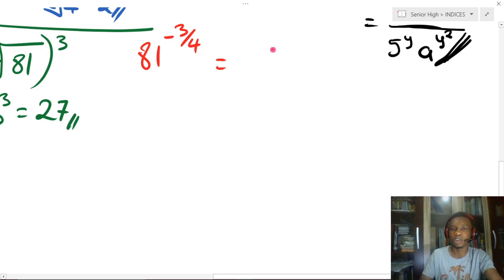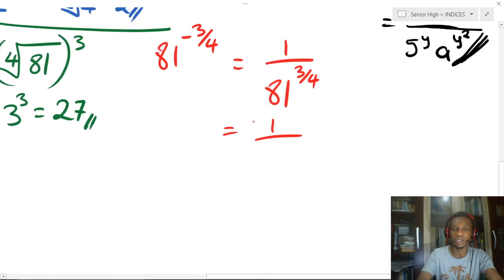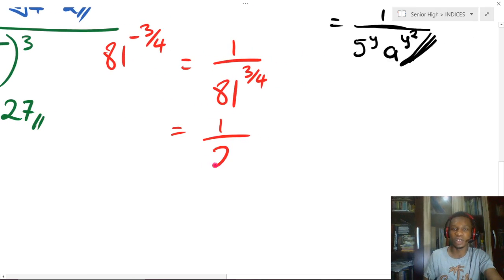Negative index law. So it becomes 1 over 81 raised to the power of 3 over 4. We've done 81 raised to the power of 3 over 4, and we got 27, so it will be 1 over 27 as our final answer. Is that okay?